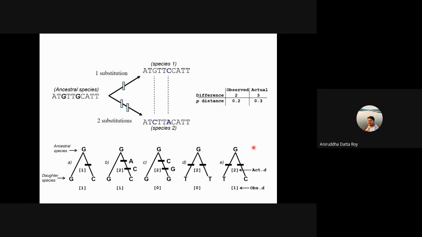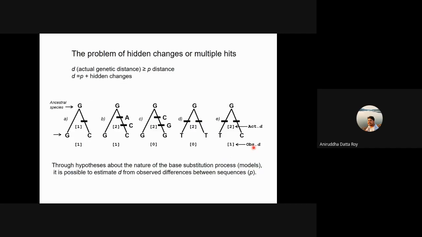The whole point being that you're looking at the sequences today. So any changes that have happened before this are masked, right? And therefore, your actual genetic distance might be either greater or equal to the p distance, your observed distance that you get, right?